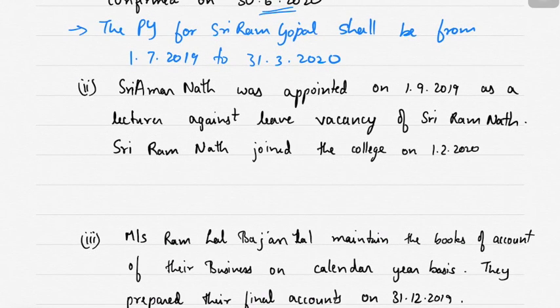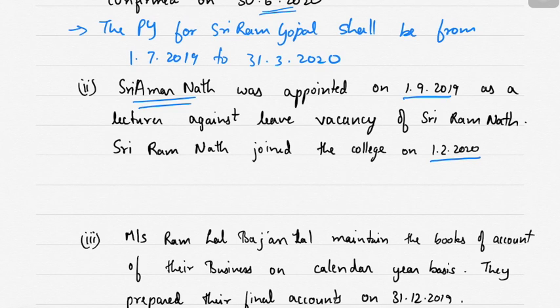Shri Amarnath was appointed on 1st September 2019 as a lecturer against leave vacancy of Shri Ramnath. Shri Ramnath joined the college on 1/2/2020. Okay, so Shri Amarnath was appointed on 1/9/2019 to 1 Feb 2020, because Shri Ramnath joined on 1/2/2020. So later Shri Amarnath was not there.